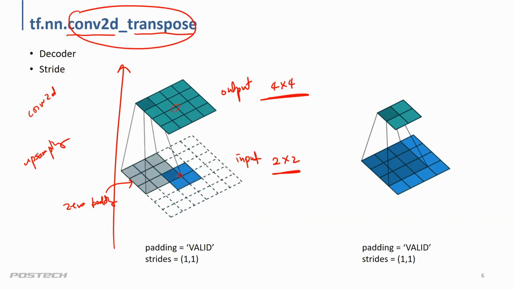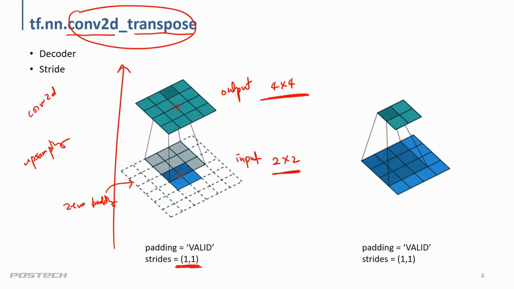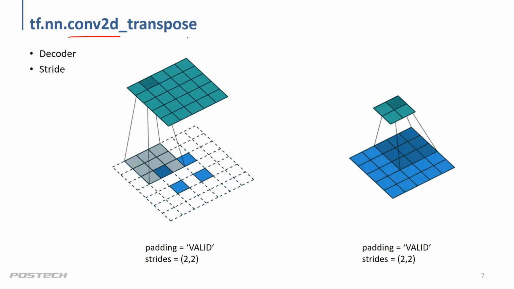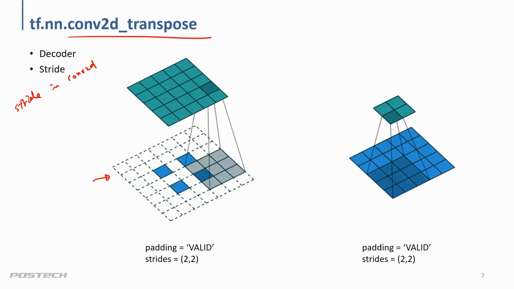Another thing we can do is this: in the previous one, the stride is one by one. For transpose, if you look at the animations, again there is a stride. In conv2D sense, it's one by one. But in conv2D underbar transpose, the definition of a stride is really different.